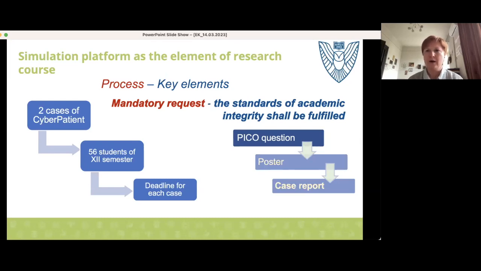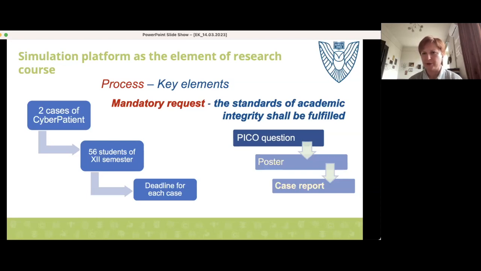After the presentation of these CyberPatient cases came the independent work of the students. This work included assignments like formulating the PICO questions, both general background and foreground, related to both cases.